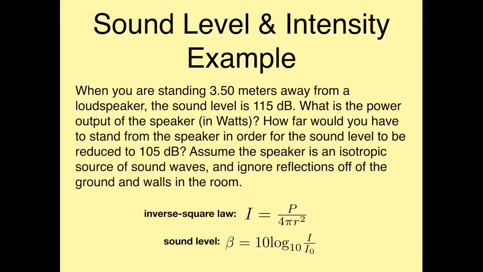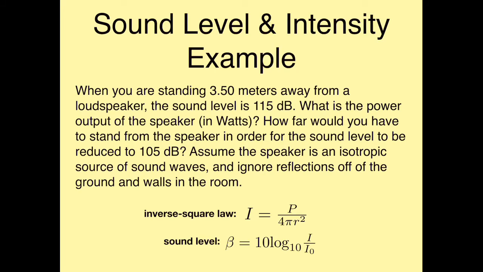Okay, so let's take a look at an example where we use these ideas of sound level and intensity once again. When you are standing 3.50 meters away from a loudspeaker, the sound level is 115 decibels. So the first question is, what is the power output of the speaker in watts?